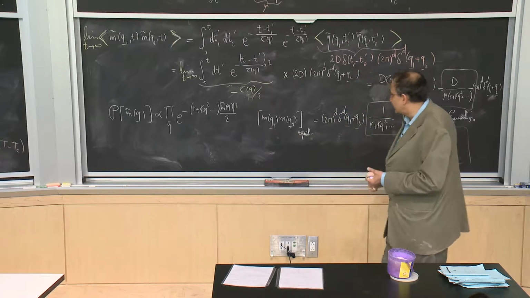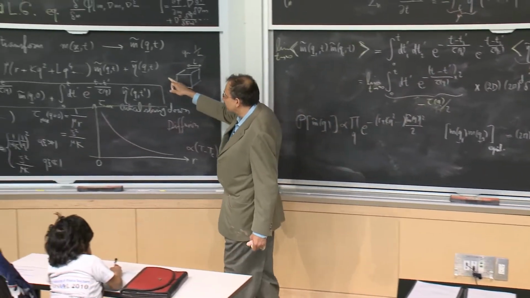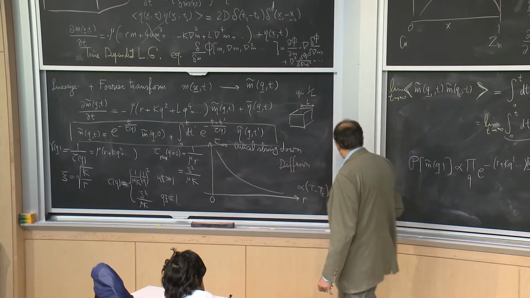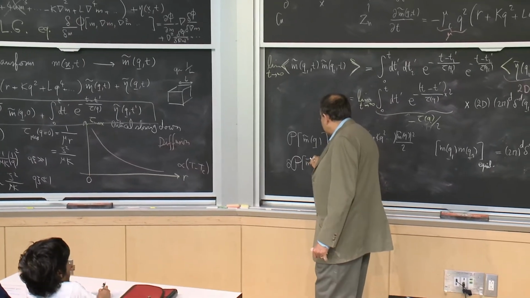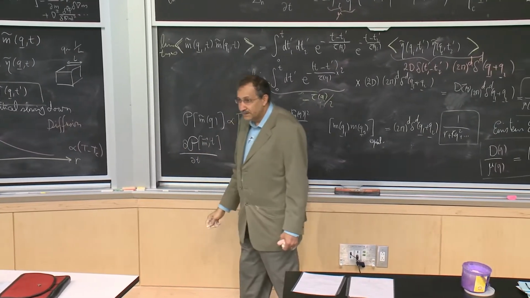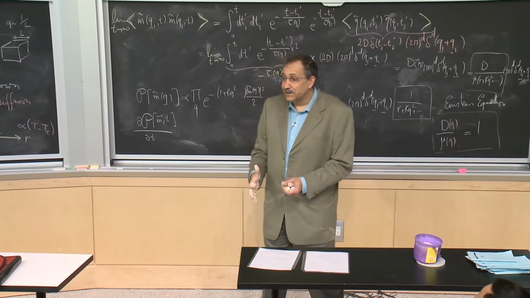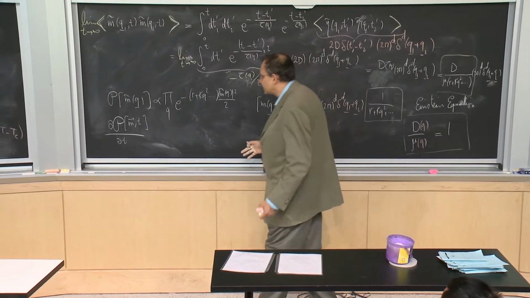There's a procedure that relies on converting this equation to an equation that governs the evolution of the full probability as a function of time. Right? So basically, I can start with an initial probability and see how this probability evolves as a function of time.